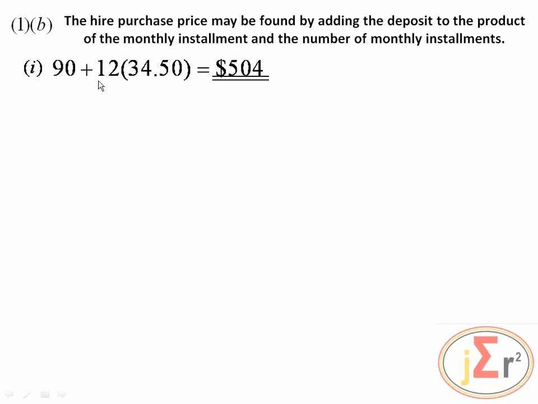Therefore, we will add the product of the size of the installment and the number of installments to the deposit, and the answer is $504.